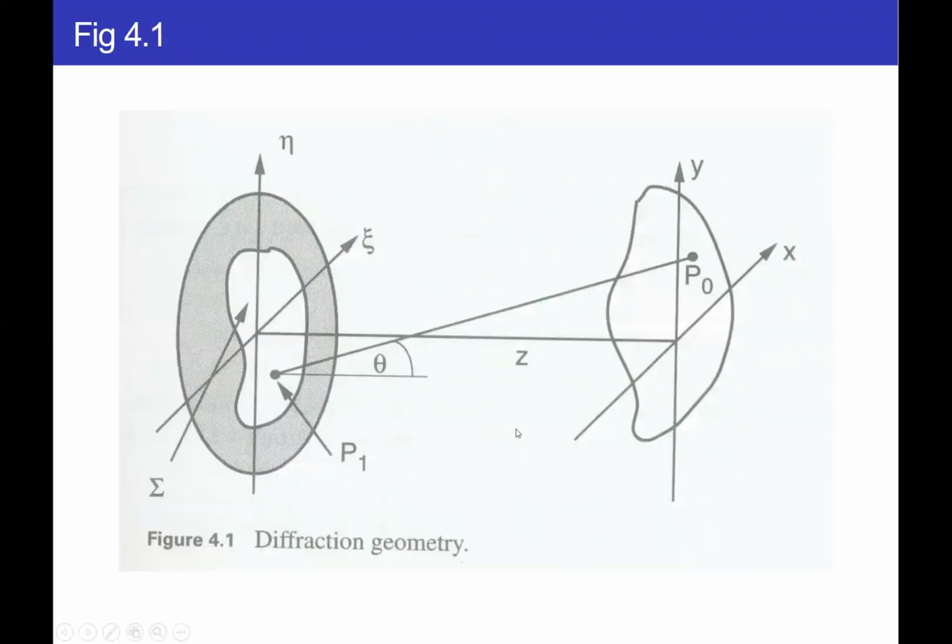Okay, here is the coordinate for our discussions. So ξ, η is our aperture plane here. So aperture plane. And our observation plane here it is. And note that these planes are parallel to each other. So it's not tilted. That is a very important assumption.